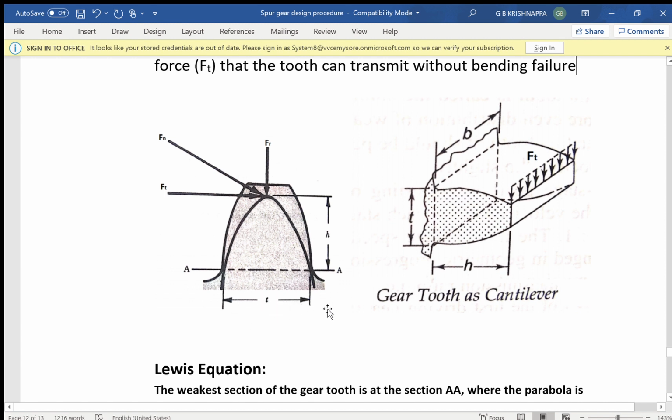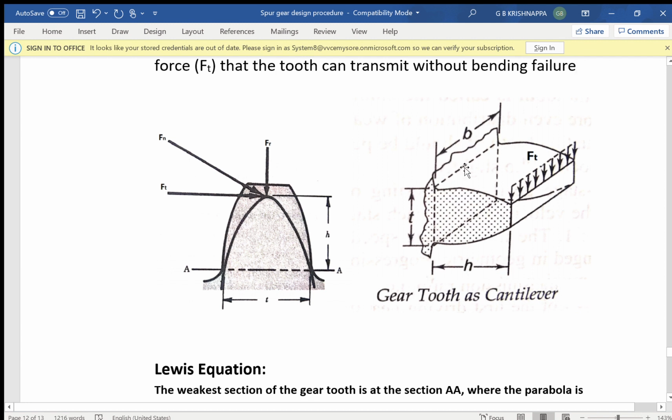So now assume this tooth as a cantilever beam shown here. This height of the tooth is considered as the length of the cantilever beam, and this tangential force, which is acting on the face near the tip, is uniformly distributed.